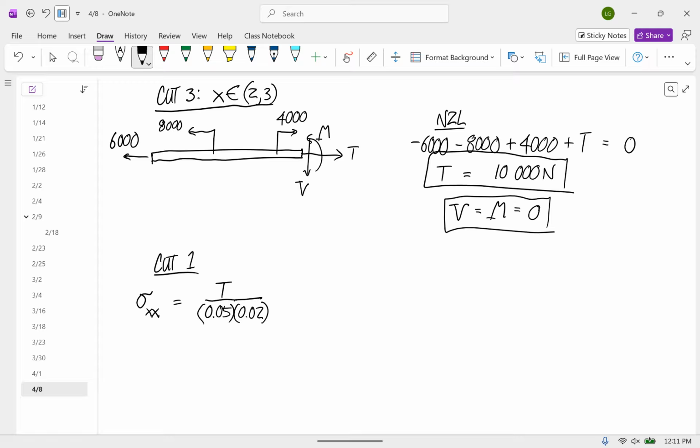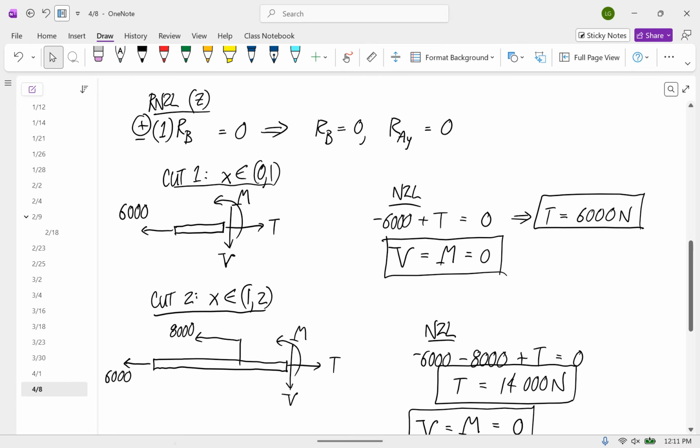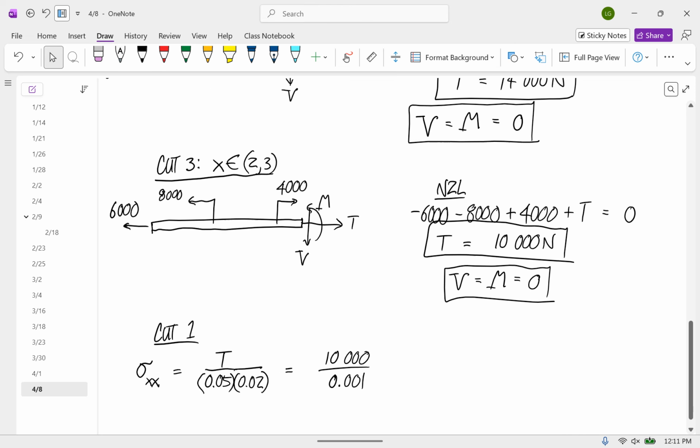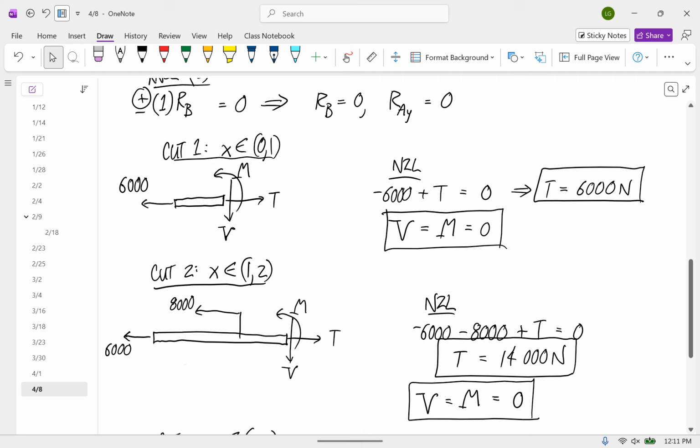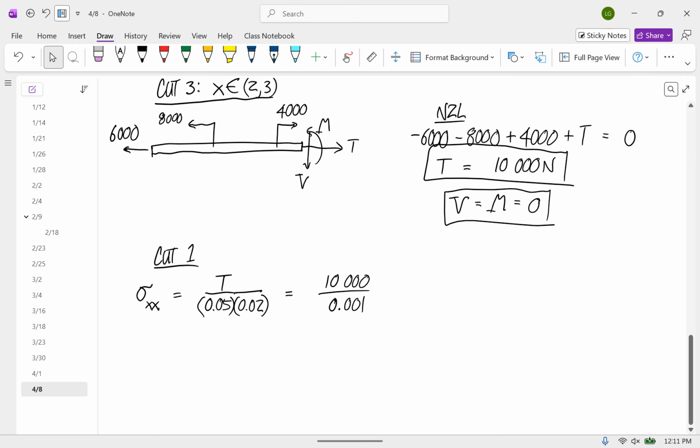So that is 0.001, right? So 10,000 divided by 0.001. Oh, I'm looking at the wrong one. Yeah, cut 1, it would be 6,000, right? Yeah. I was looking at the whole thing. And so this is 6.0 times 10 to the 6 pascals.